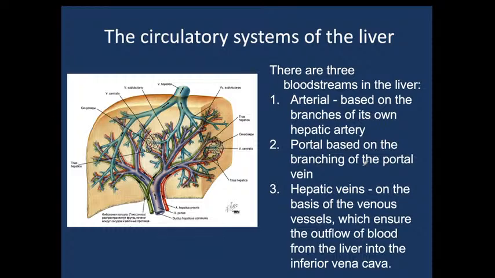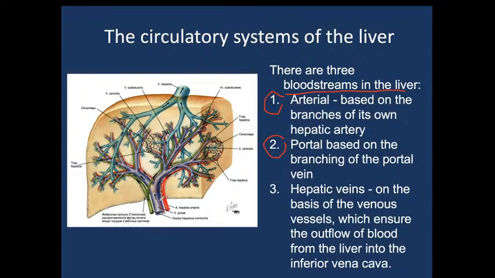The circulatory system of the liver is very special because there are three blood streams in the liver. First is arterial. This is the red vessels here. This is the portal bloodstream.